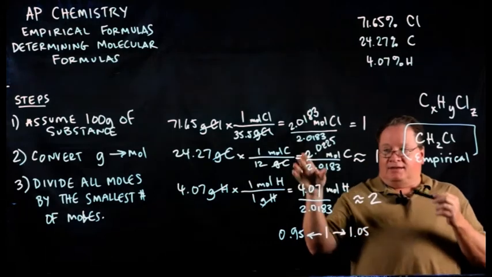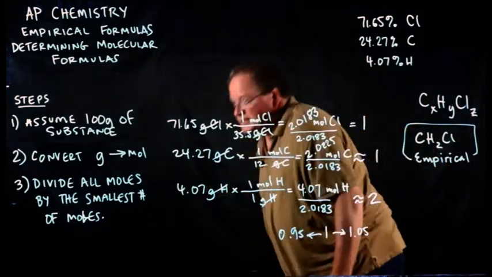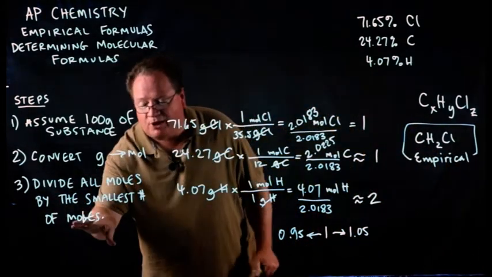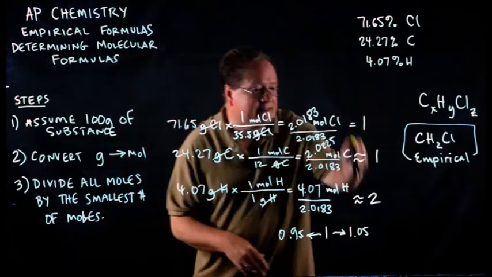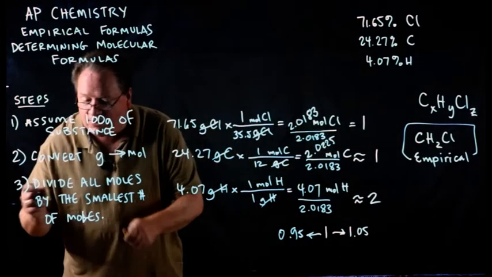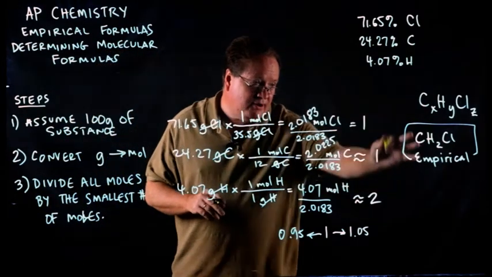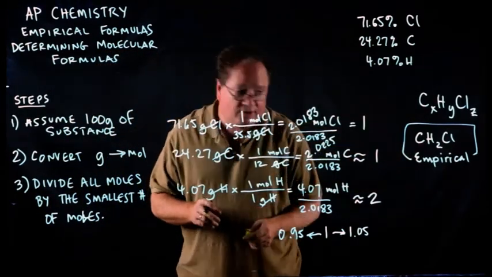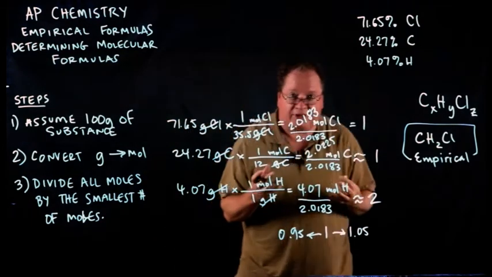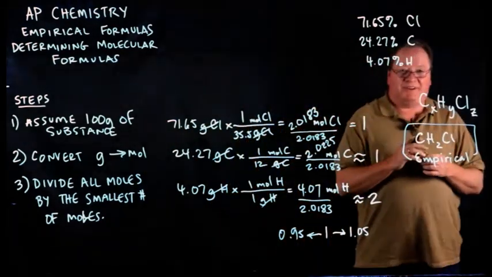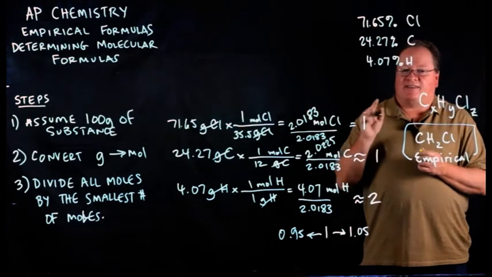So again, on step 3, we said you're going to divide all the moles by the smallest number of moles. That's what we did to get these numbers. And what I would say is that those numbers that you come out with here are typically going to be the subscripts for your empirical formula. I want to get out of the way of the problem. All right? That's how you do empirical.